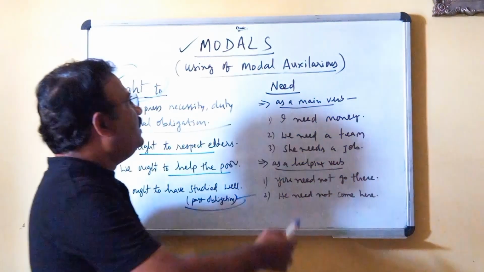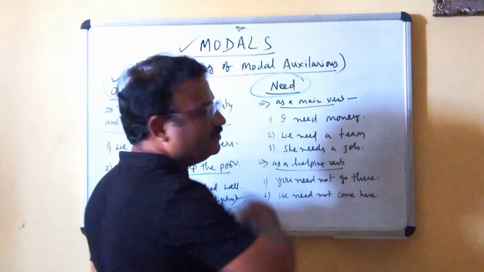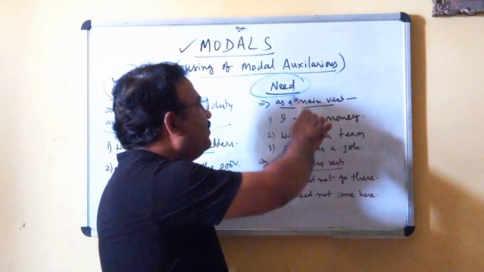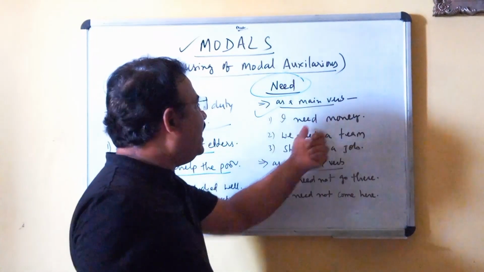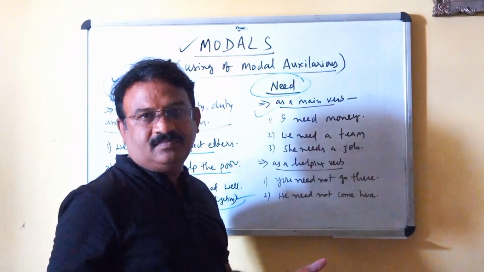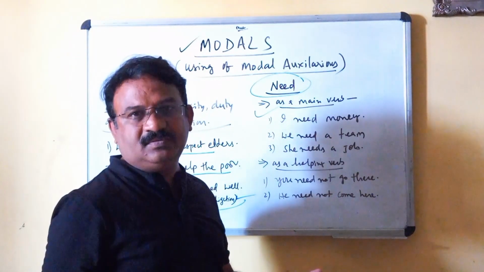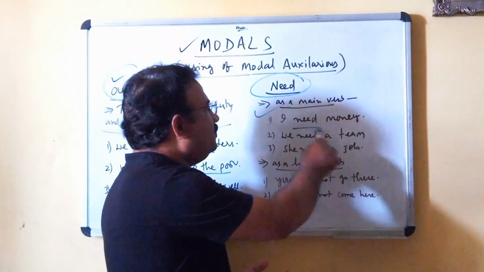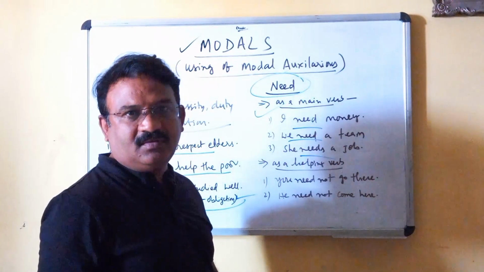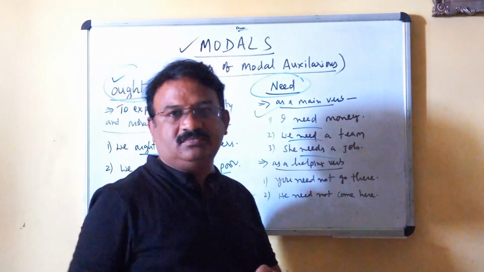See, here one more, need. As a main verb, you can use: I need money. We need a team. I need your help. She needs a job. I need to go there.